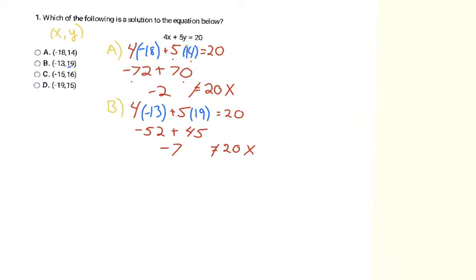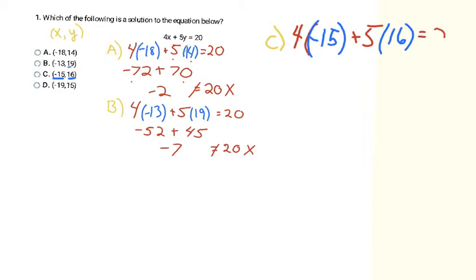So then I just have to repeat the process with C to see if I can get C to work. So C, I have the 4, but this time my x number is negative 15. So I substitute that in. And then I still have my plus 5y, but my y number here is 16, so I'm going to substitute that in. And I still want to see if I can get that equal to 20.